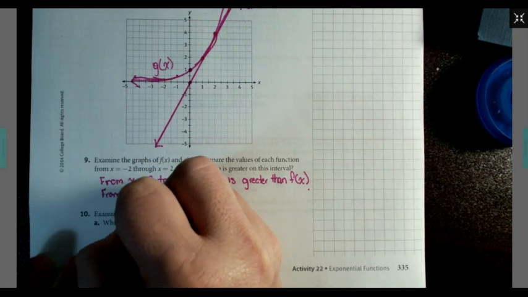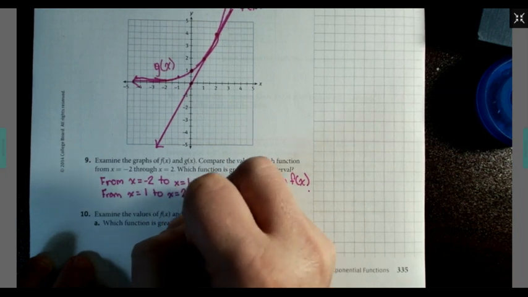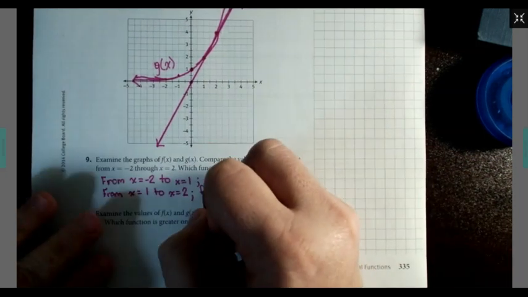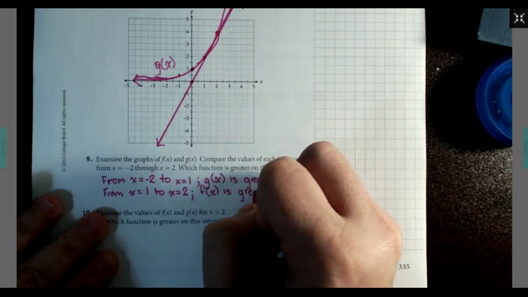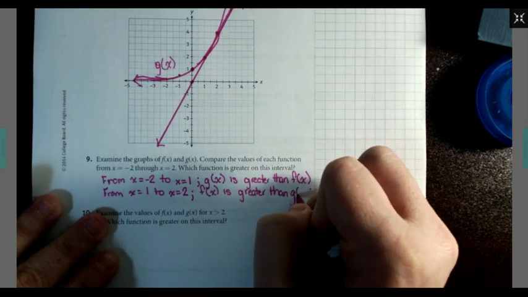From x equals 1 to x equals 2, f of x is greater than g of x.